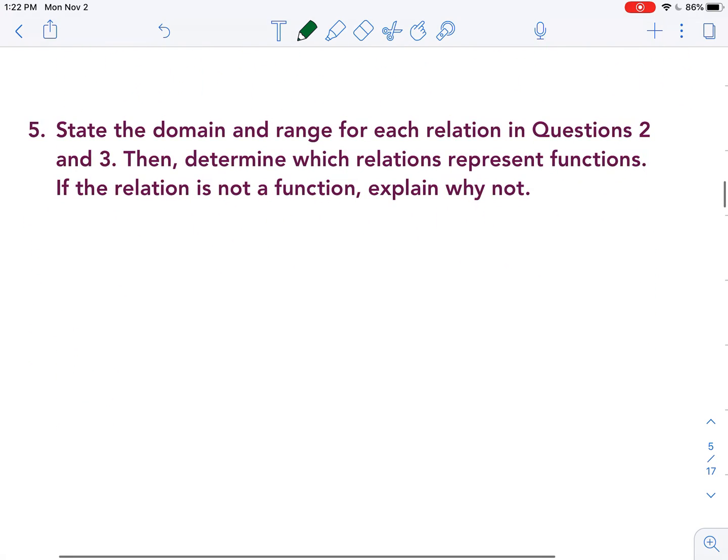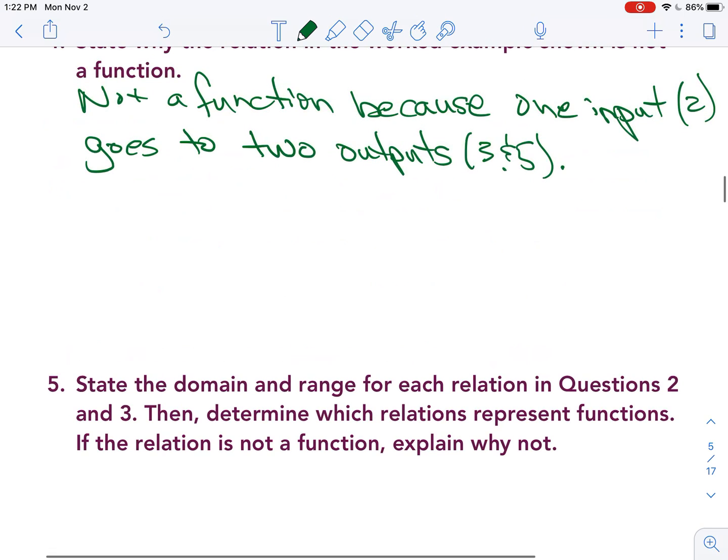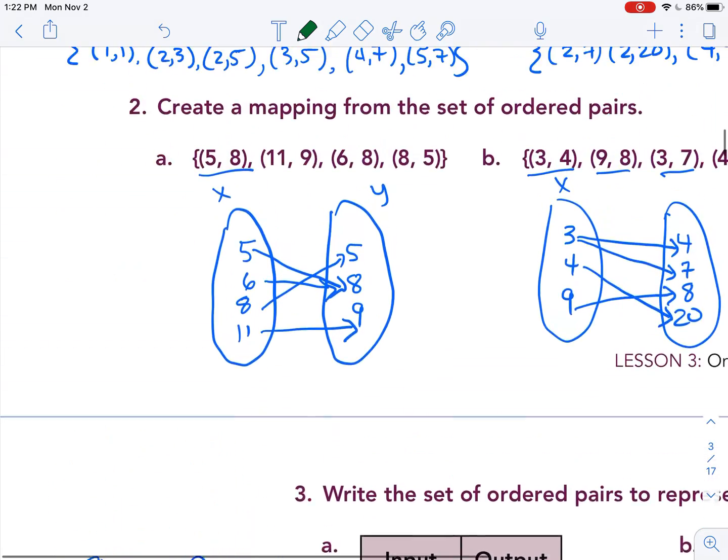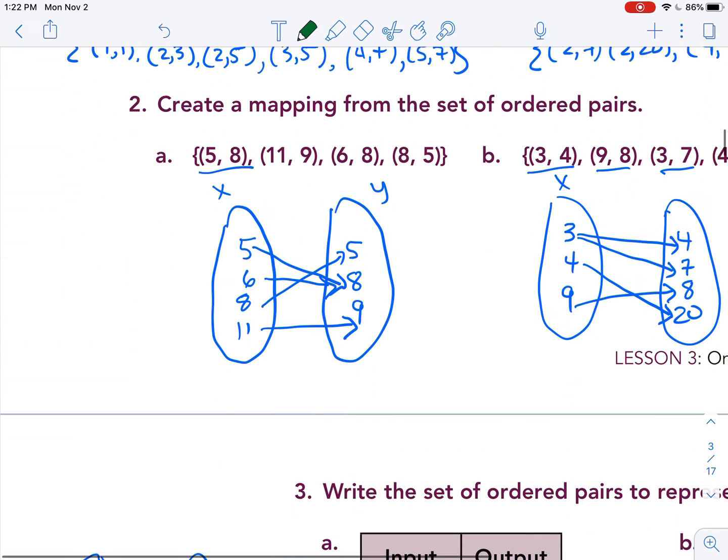Okay, now we're supposed to go back to number 2 and find the domain and range for each one of these. I'm actually going to do it on numbers 2 and 3 just so that I don't have to go back and forth. So we're going to go right here and write domain, and when you do that, you make a colon. And then you just list the numbers that are in the X values. So 5, 6, 8, and 11.